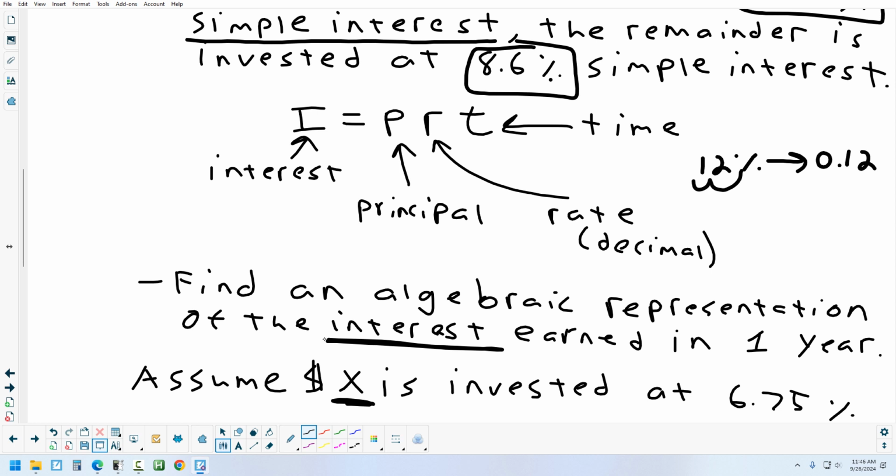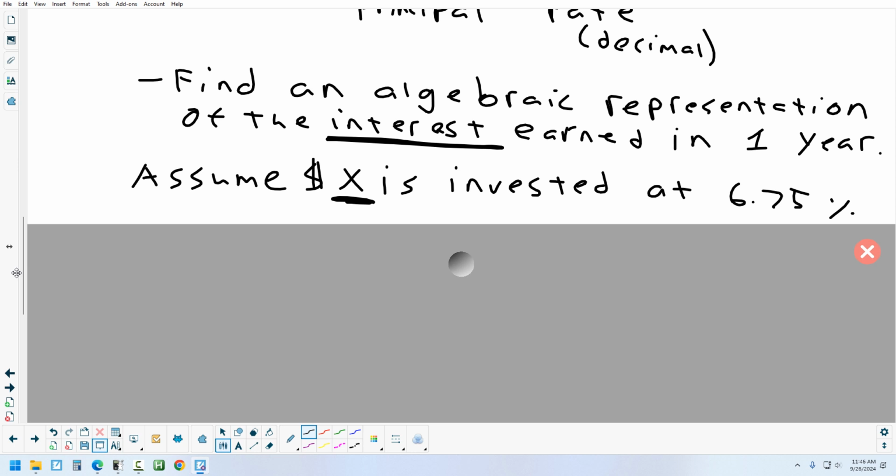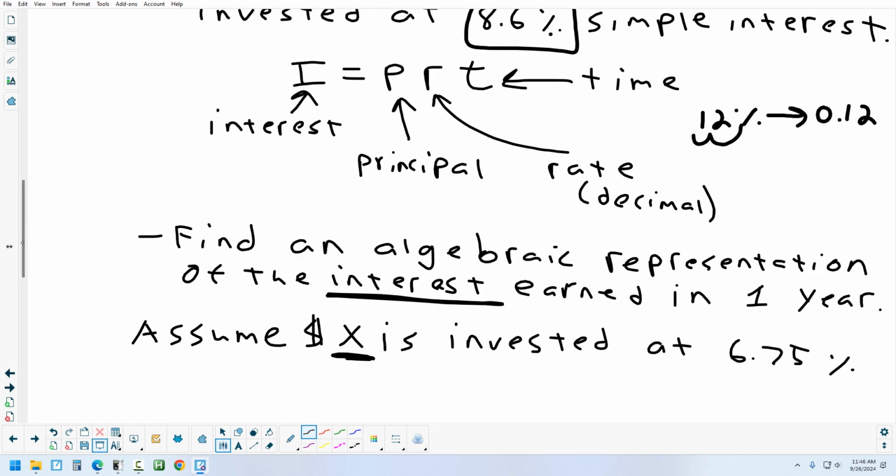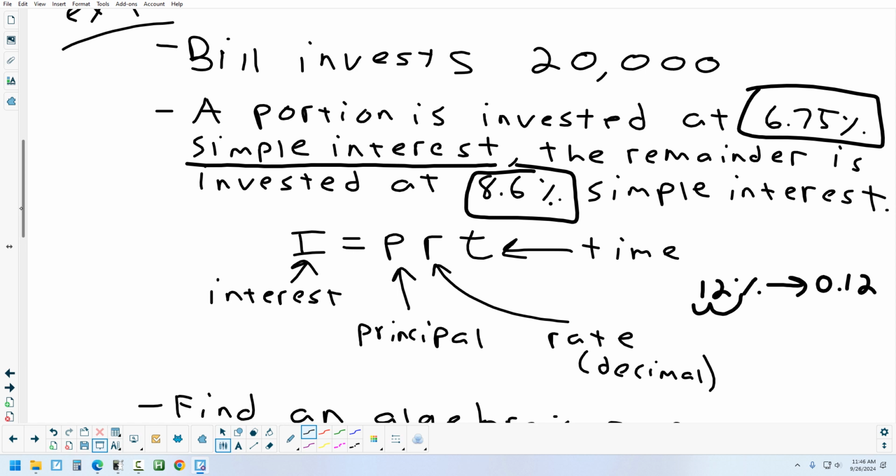So let's start with the first investment, 6.75%. I want to find the interest that he earns in that investment. So it's I equals PRT.